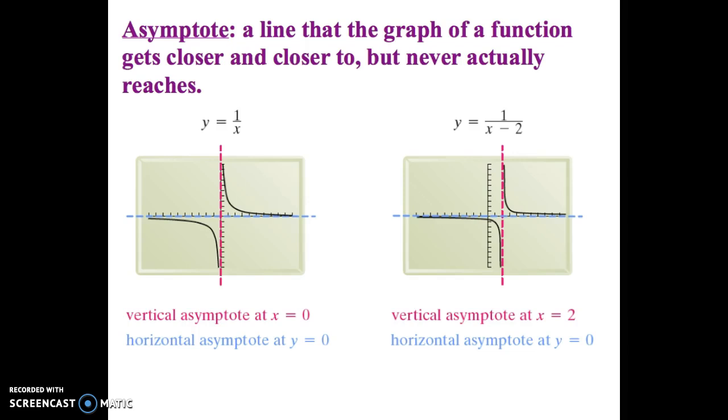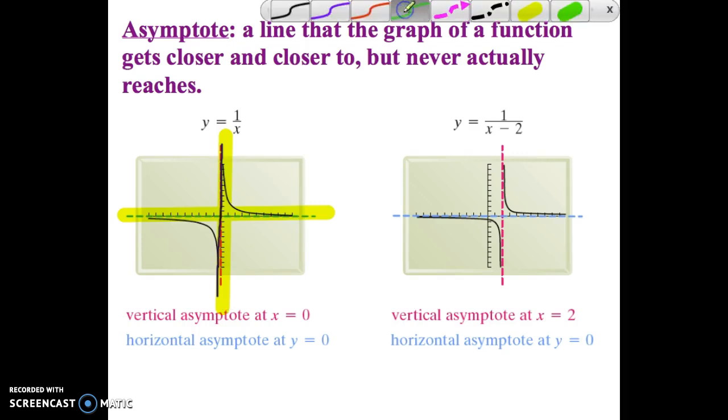So this first graph on our left says y equals 1 over x, and you're going to notice that this vertical line and this horizontal line, those are called asymptotes because the graph gets closer and closer to them, but it never actually reaches them. And the reason that happens is because in this case, x can't equal 0, so you can never make that hit.